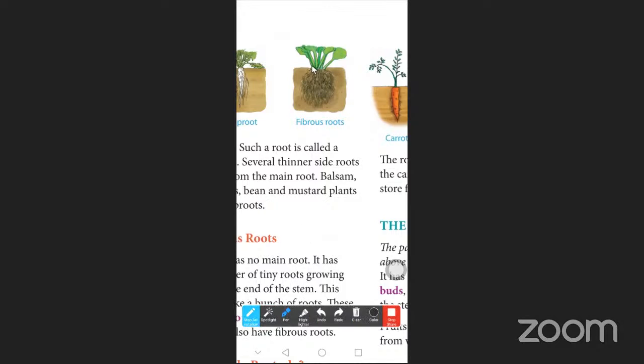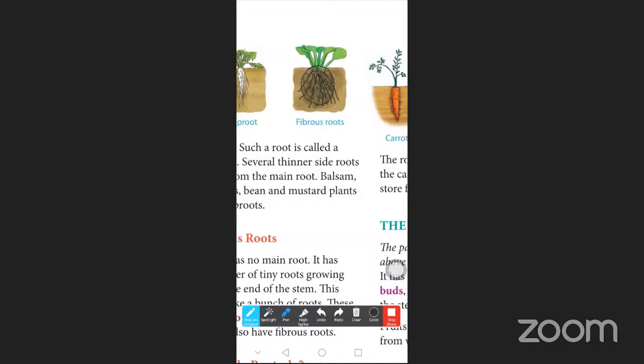So is the main root there in this root system? No, it was divided into many roots. These all are a bunch of roots. Okay, you can see this type of roots in examples. What, Nana? Fibrous root examples: onion, grass, rice, wheat.